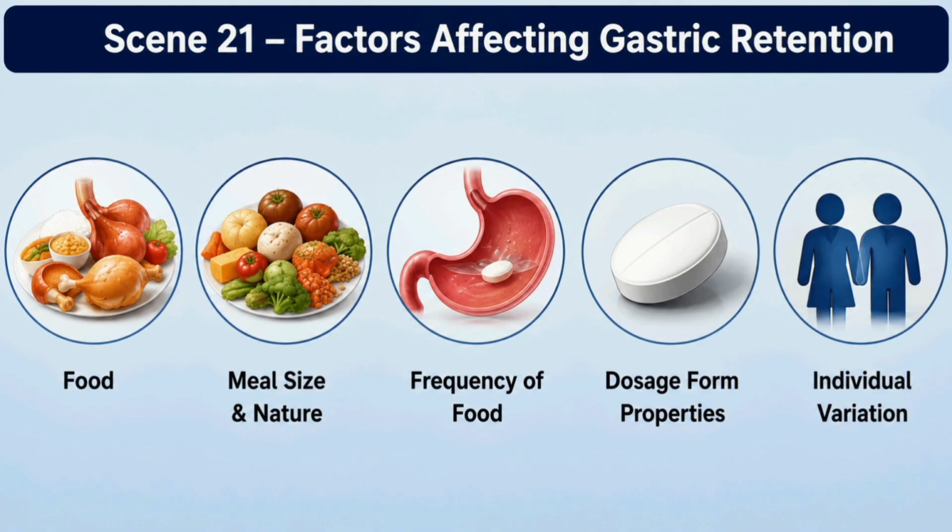The third one is the frequency of the food intake. Repeated meals may alter the gastrointestinal patterns. The fourth one is the dosage form properties. Size, shape and density can influence the gastric retentive behavior here. And fifth is the individual variation. Physiology differs among the individuals.